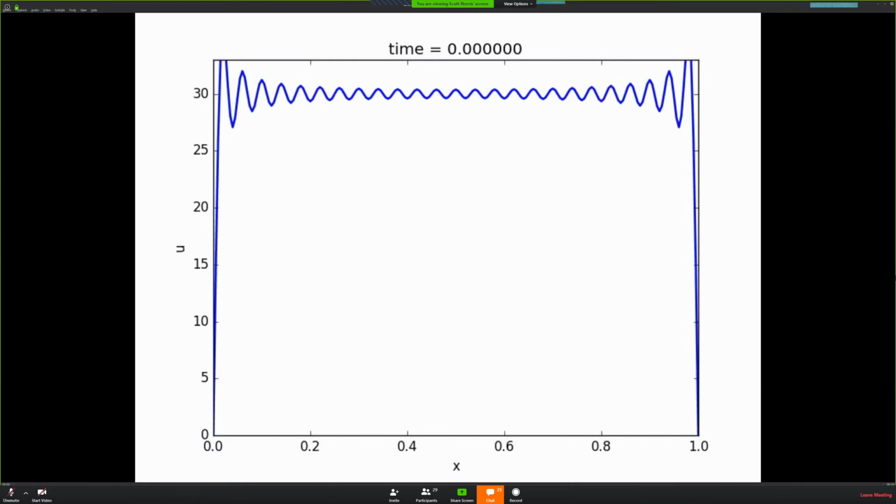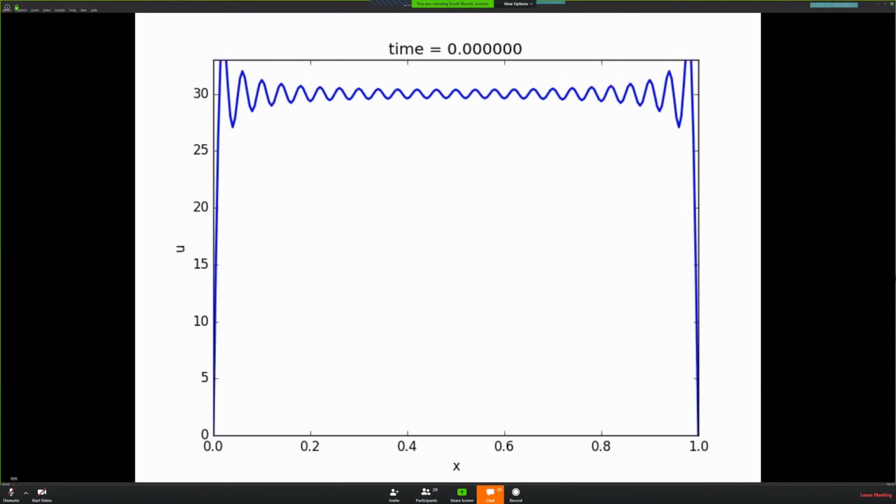You'll see that it has a lot of Gibbs phenomenon going on, and I'll talk about that. But for the moment, ignore that and just imagine that this is a straight line that goes instantaneously from 0 to 30, and then it's a straight line at 30 across the bar, and then drops back to 0. If I included enough terms, I could make this look more like it. I didn't try too hard to eliminate Gibbs phenomenon, or shove it to the edges like you can do.